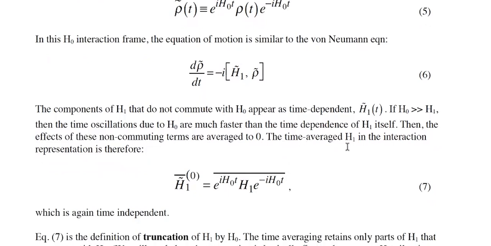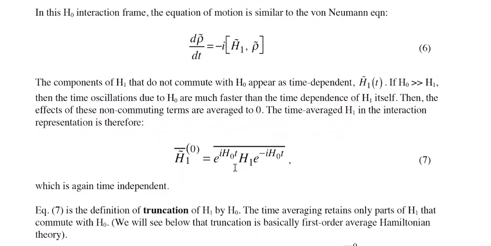So the time averaged H1, now in the interaction frame still, in equation 7, you can write this as H1 average, and there's still the tilde because I'm in the interaction frame. And I'm going to put a superscript 0 here to indicate that it's a simple average. I'm not worrying about any higher order terms that may happen.